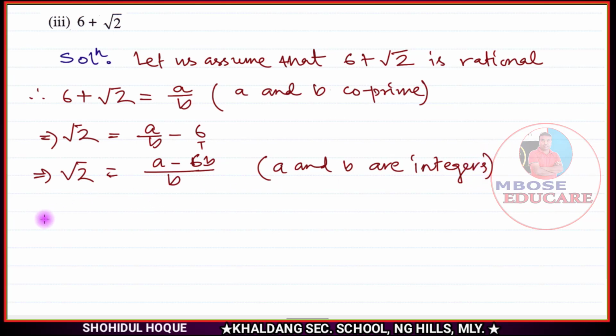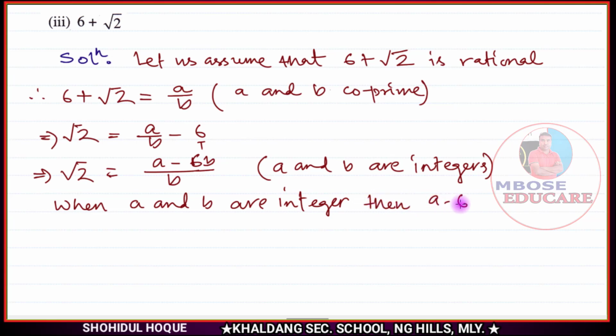When a and b are integers, then a minus 6b divided by b is in the form of a by b.